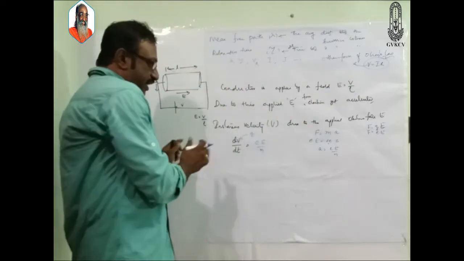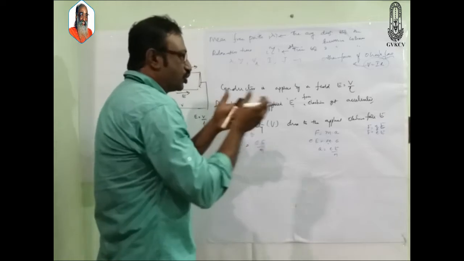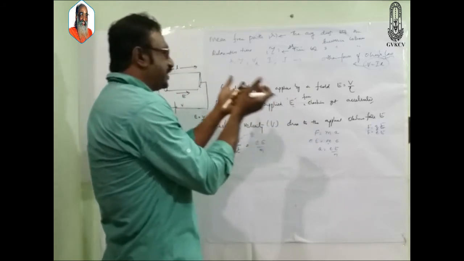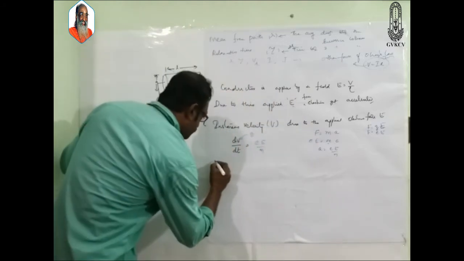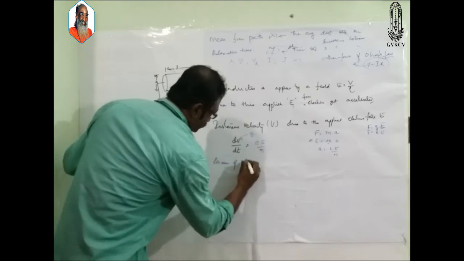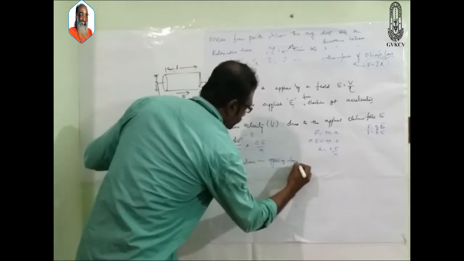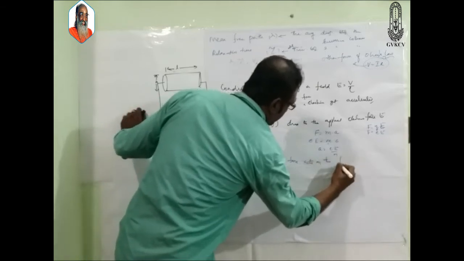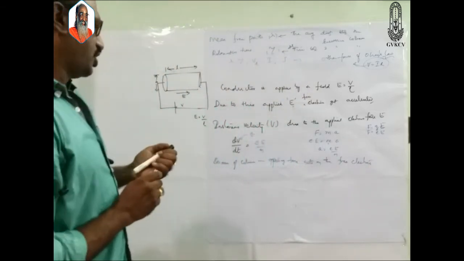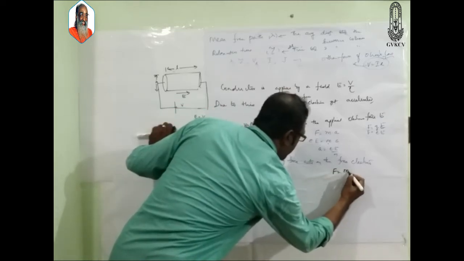Due to the applied electric field, the free electrons are accelerated. But when they are moving, they undergo collisions. Due to these collisions, an opposing force acts on the free electrons. If we talk about this opposing force, here also I use F is equal to ma.